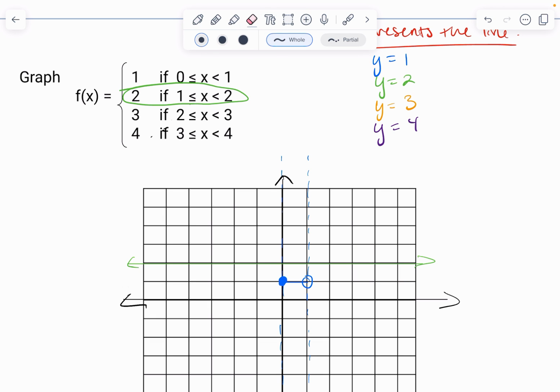So I'm going to erase everything up to where x is equal to 1. And I'm going to erase everything past where x is equal to 2. I'm going to have a closed circle on 1 because it's less than or equal to. And I'm going to have an open circle on 2.